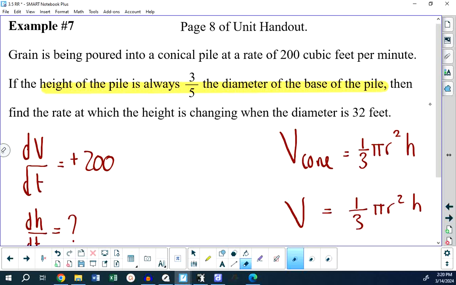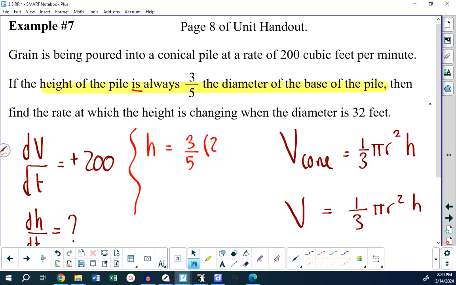The height equals 3/5 the diameter. But the diameter is 2 radii. I suppose I could have written height equals 3/5 diameter and then substituted in 2r for the diameter. But the bottom line is I now have a relationship.